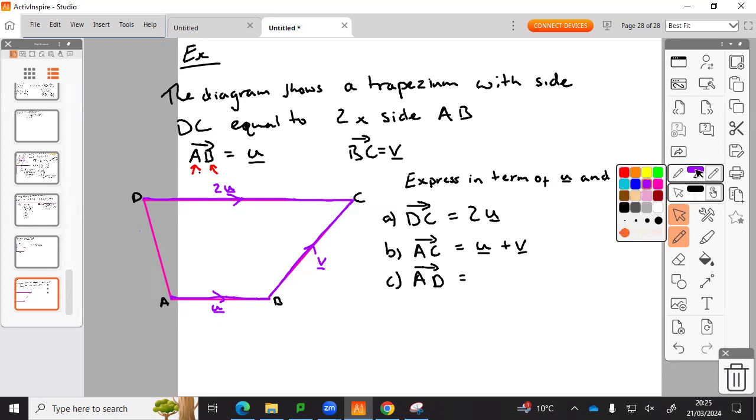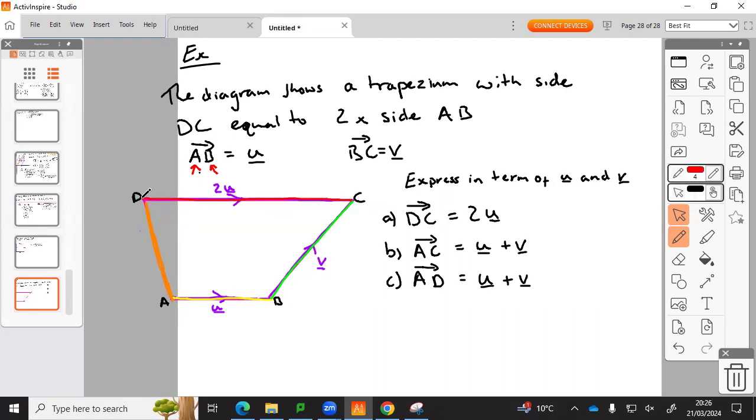Now we do not have the information that tells us what this is. We do have the information to follow a pathway that starts at A and goes to B, so that's U. We're adding on B to C, which is V. Then to get from C to D, we're going against the grain.